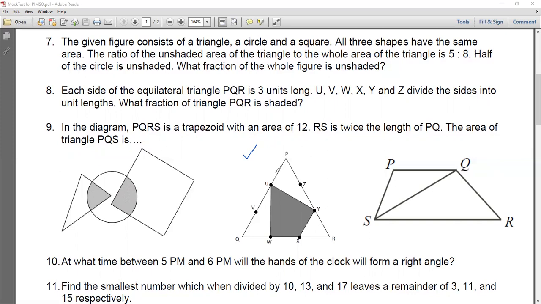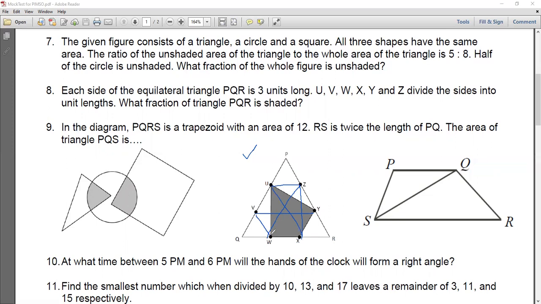So ibig sabihin, these are equal. The measurement of those lines or line segments are all equal. Now, what fraction of the triangle PQR is shaded? So in this case, what you need to do is simply draw, connect the dots, and then you will notice here that we created 9 equilateral triangles.